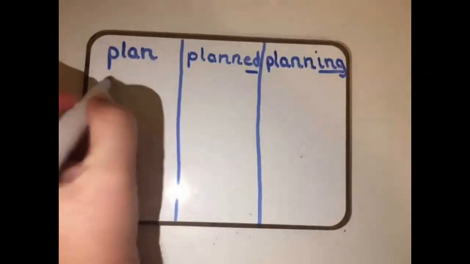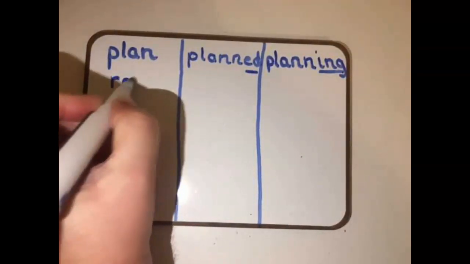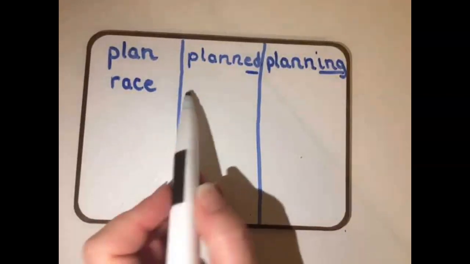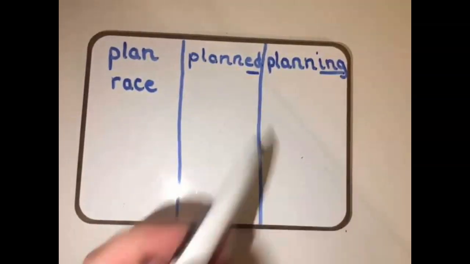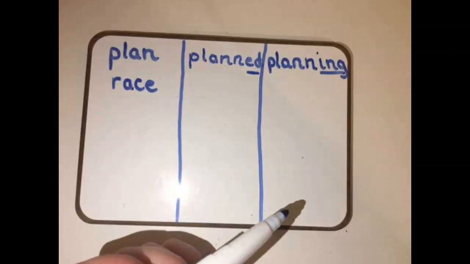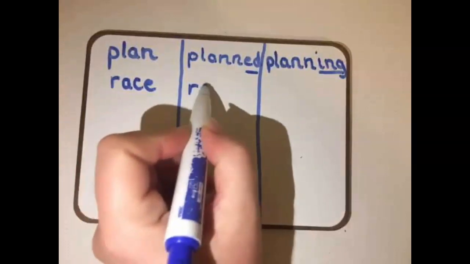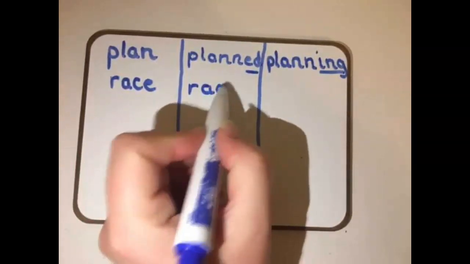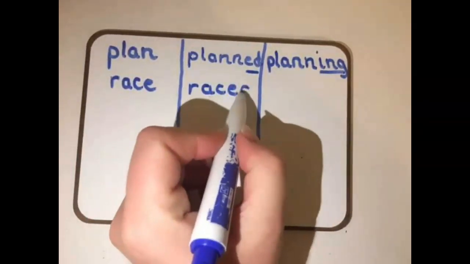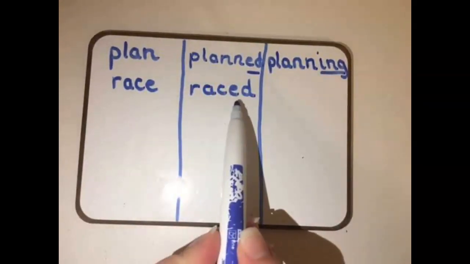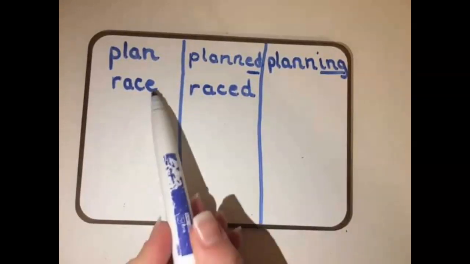I want you to write the word race. Okay, race. Now, how do we write raced? Now, the thing about this is that we're ending with a vowel in the word race.